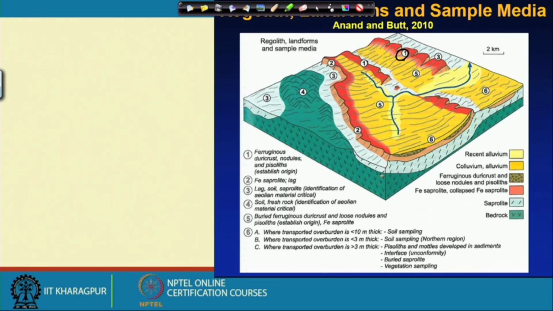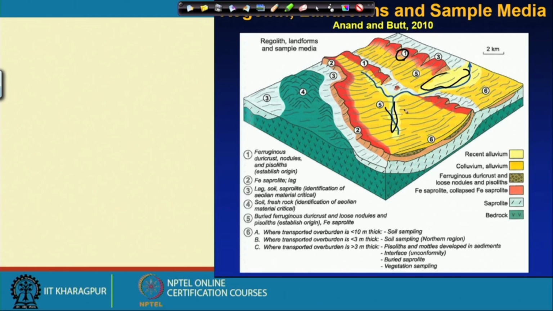There is also soil, the fresh rock, and aeolian material, so sometimes they could also be of aeolian origin, where the aeolian contribution has to be identified, and this is very critical. And so here are the bedrock, the saprolite, the iron saprolite, the ferruginous duricrust, colluvium, and the recent alluvium, which is forming here just along the river channels.